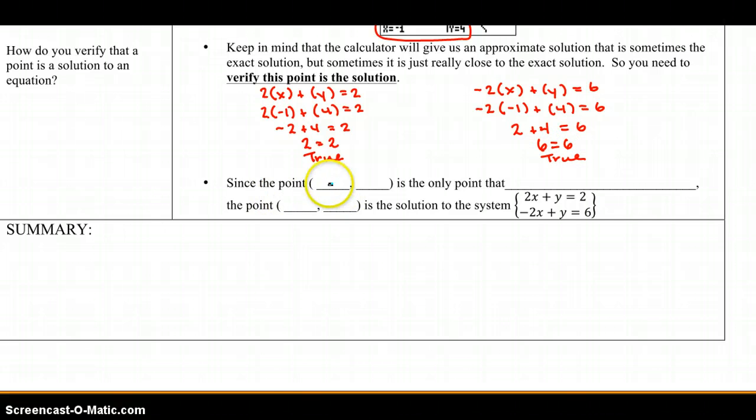So since this point -1, 4 is the only point that makes both equations true, this point -1, 4 is the solution to the system of equations.